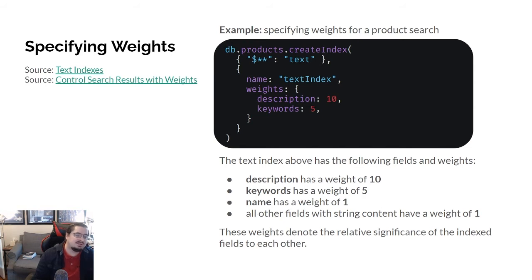So what that means is that a match on the description, for instance, is 10 times more important than a match on the name. And a match on a keyword is 5 times more important than a match on the name. Does that make sense? Yep.